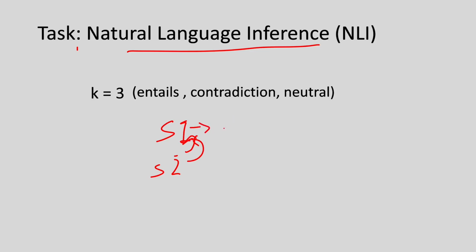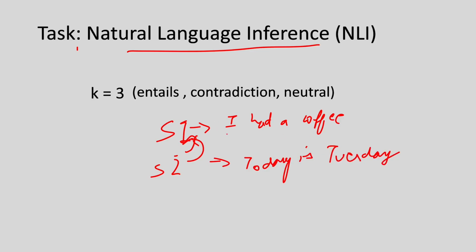So let's say, for example, I had a coffee is sentence 1, and today is Tuesday. If I say today I had a coffee, does it mean that today is Tuesday? No, I can have coffee any day of the week. Is it a contradiction? No, there's nothing. So basically it's neutral, right? Which means this is class 3.